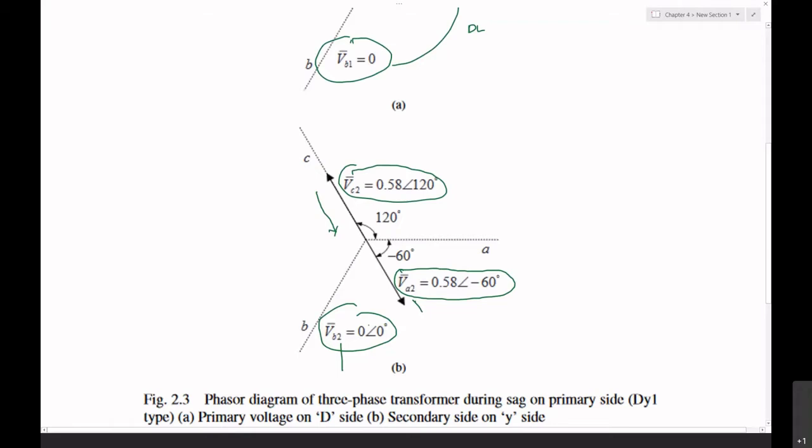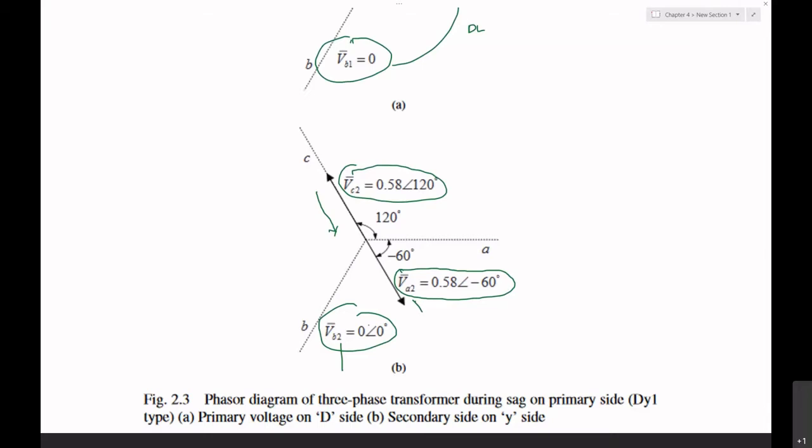Once the voltages of a fault that occurred on the primary side are transformed to the secondary side, you cannot sense the fault by looking at the secondary side voltages.